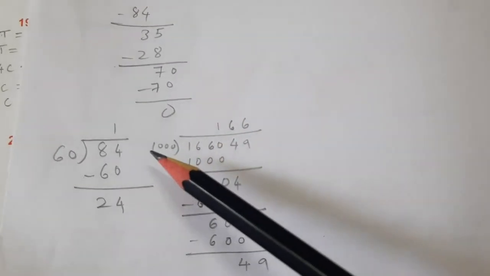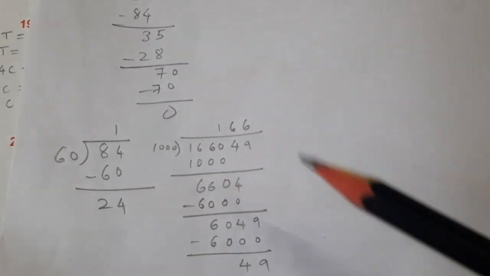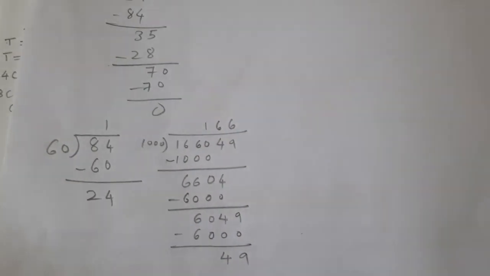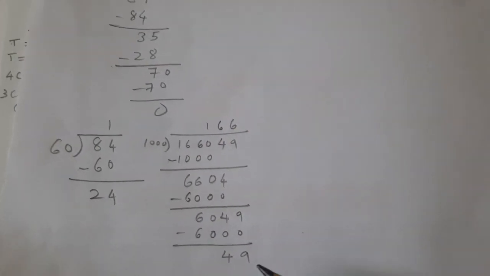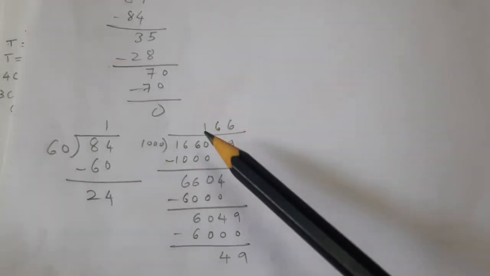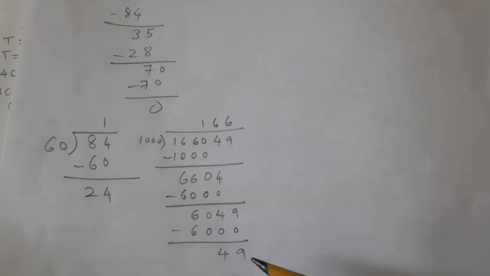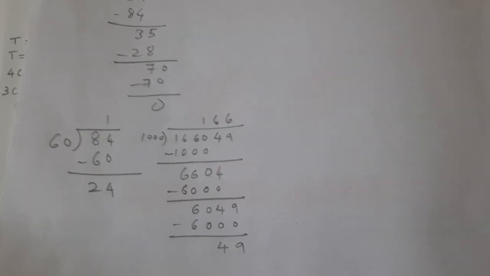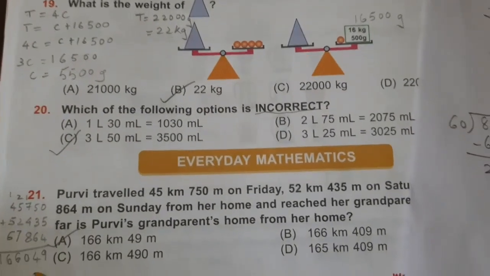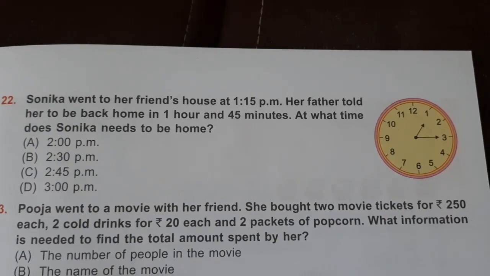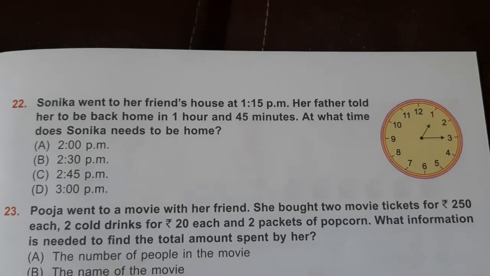So when you divide this by 1000, you get 166 as your quotient and 49 as your remainder. So which means 166 kilometers and 49 meters is the answer to this question, right? And which is option A. Please tick it.